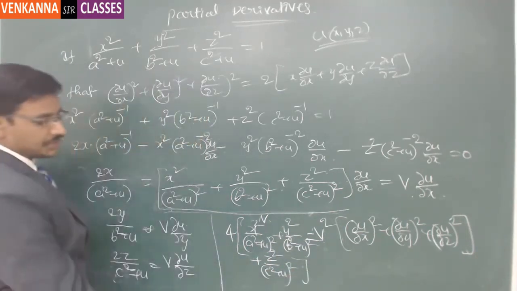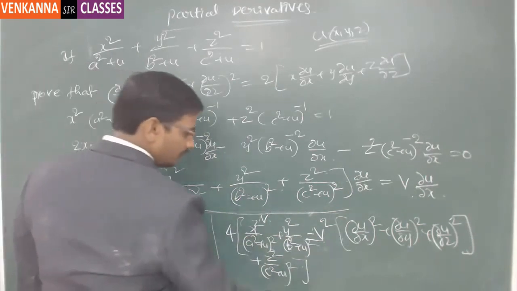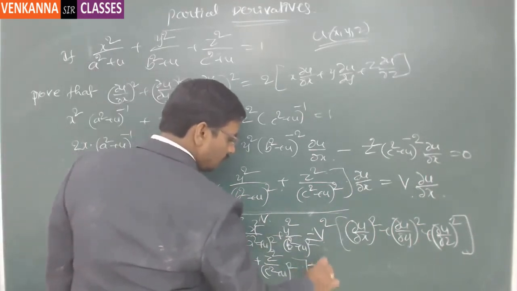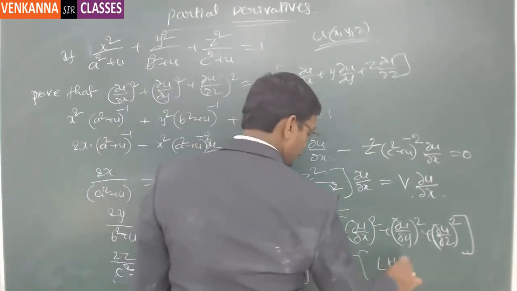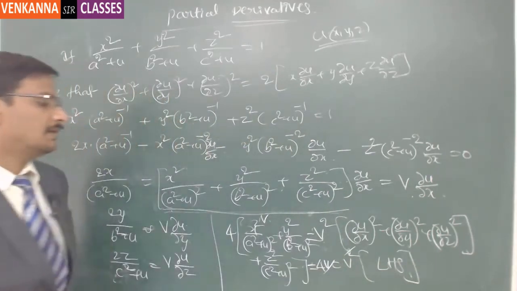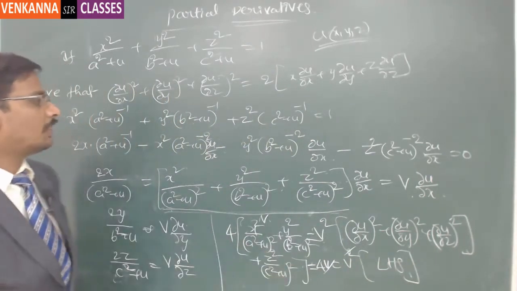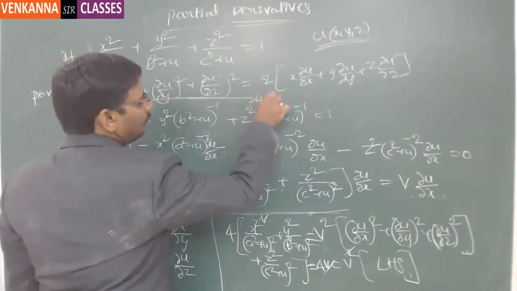Now this is essentially what we treated as v. So 4v is equal to v² times the LHS, and this v will cancel, then the LHS will be 4/v. So this entire part became 4/v.